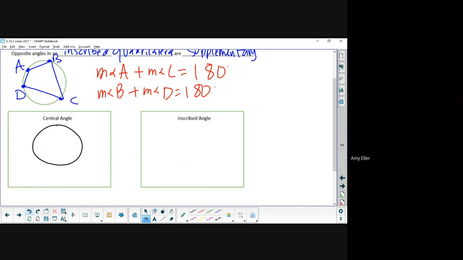Copy what you drew yesterday. A central angle is an angle whose vertex is at the center. And here's the center. I'm going to draw this angle today.